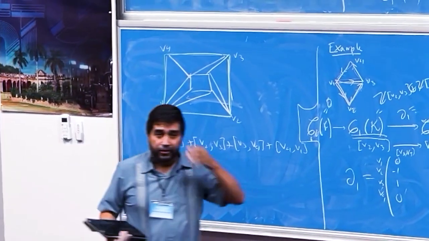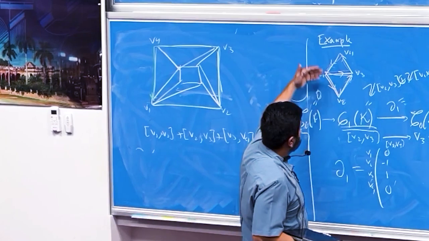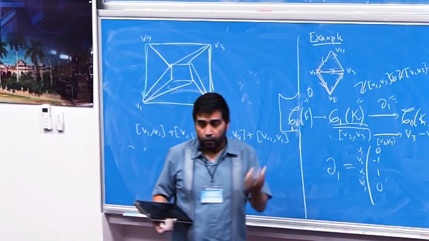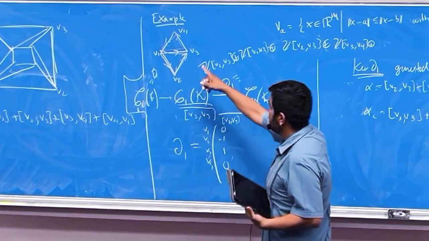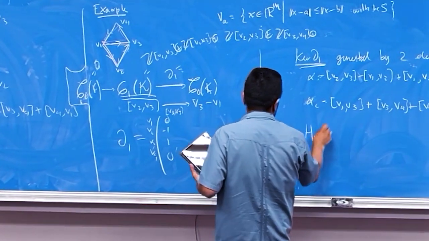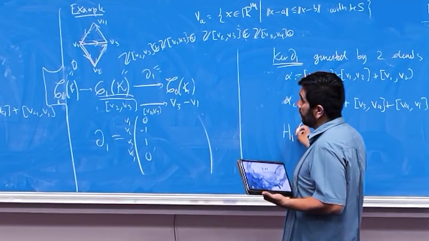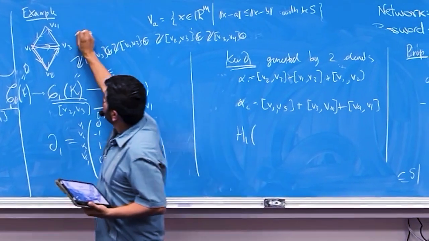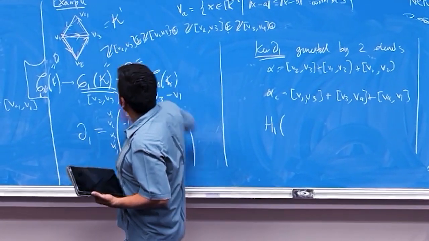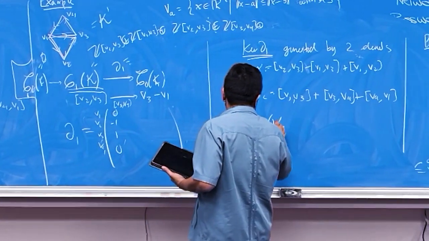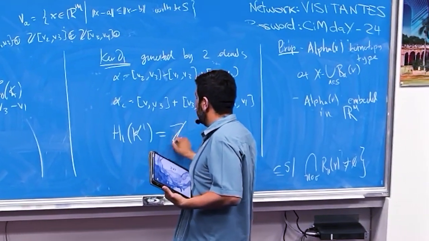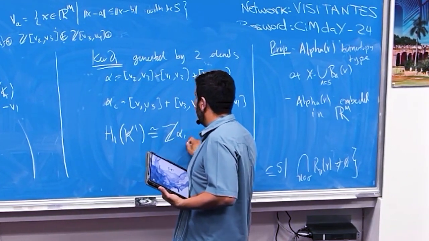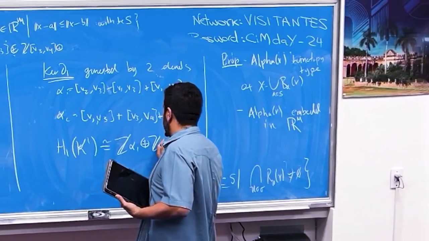So that means that the kernel is actually computing the number of cycles of this graph, right? That's why in this particular case we say that the homology of this graph, K prime, is isomorphic to C alpha 1 plus C alpha 2, right?